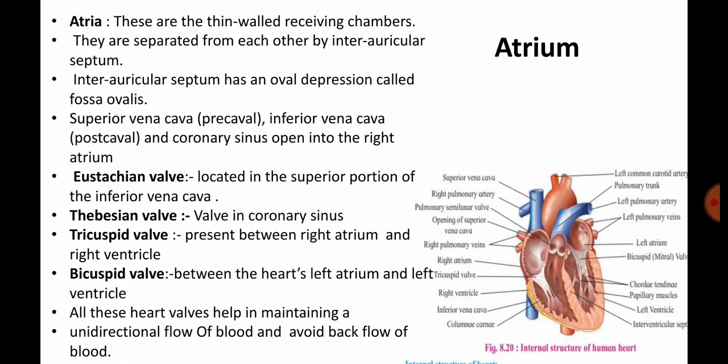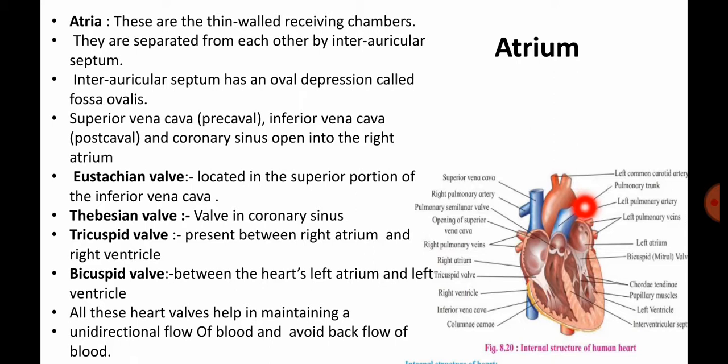And you can see here the ventricles. Now what happens: deoxygenated blood enters from the right auricle to the right ventricle. From the right ventricle it has to be transported through the pulmonary trunk to the lungs again.